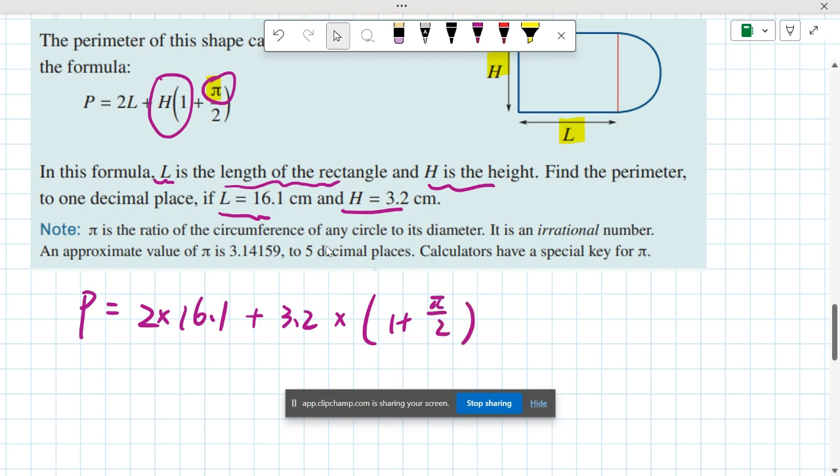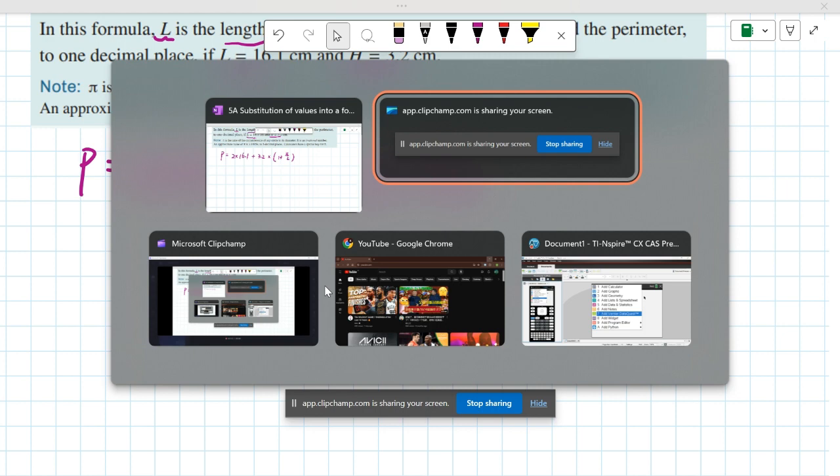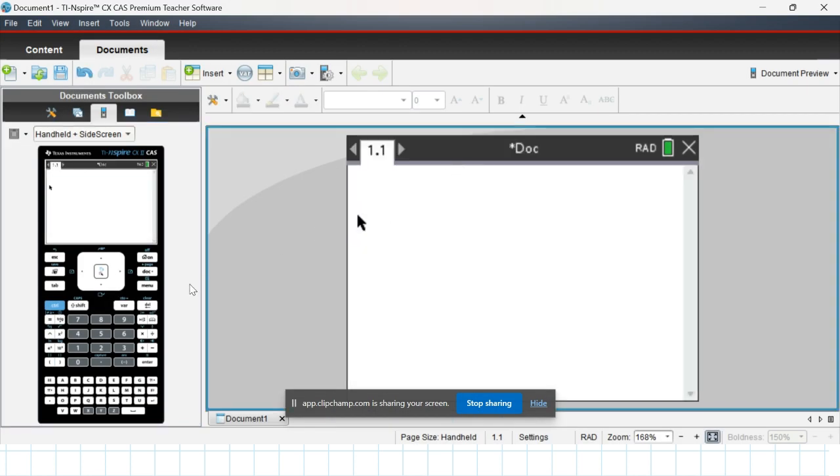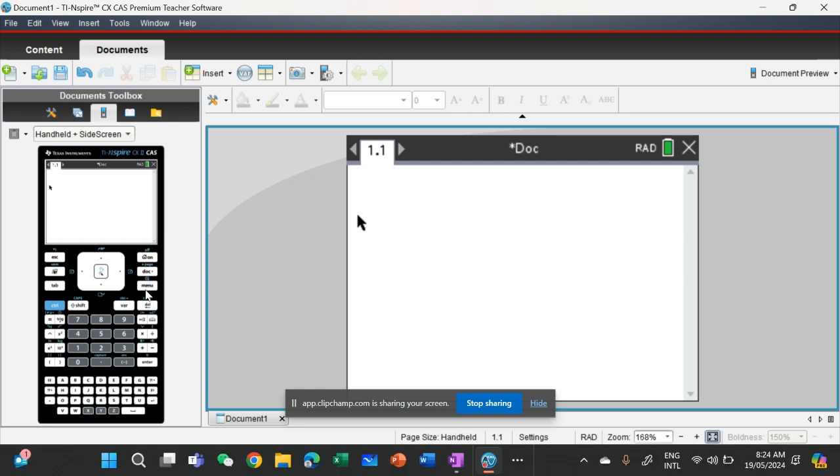For this question, we can use the CAS calculator. We substitute in 2 multiplied by 16.1 plus 3.2 multiplied by, in brackets, 1 plus pi. Where's the pi?